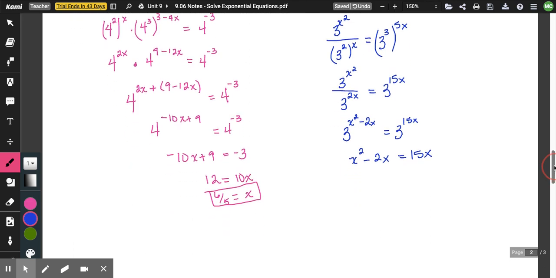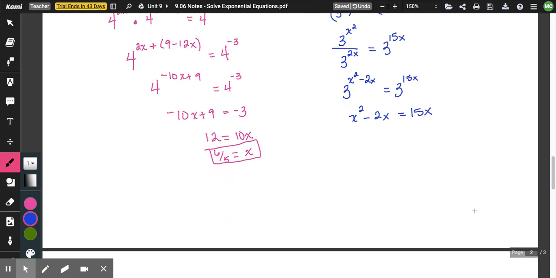All right, so this time I ended up with a quadratic equation that I have to solve. And so I have to go back to everything we know about solving quadratics. Our first strategy is usually to create a 0 on one side and then try factoring. So let's try that. I'm going to make the 0 on the right-hand side of this by subtracting 15x from both sides.